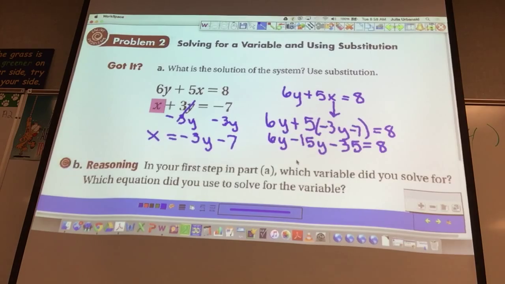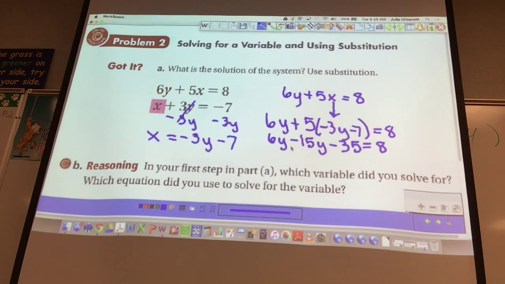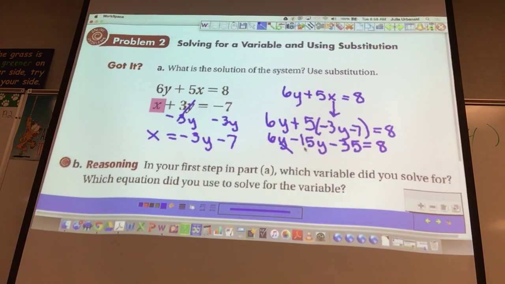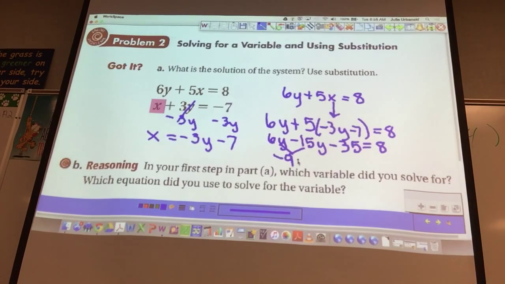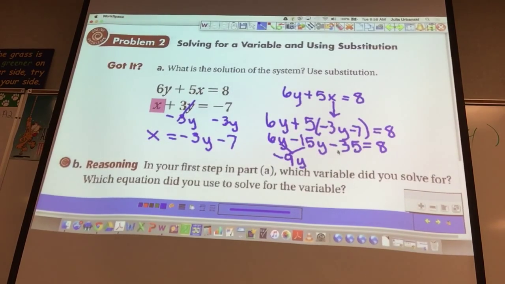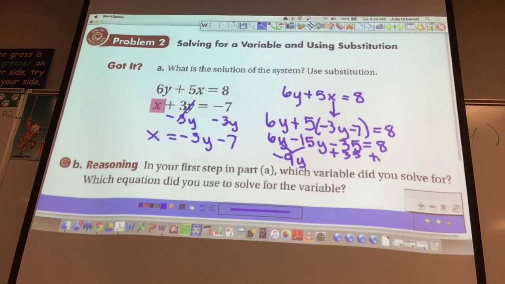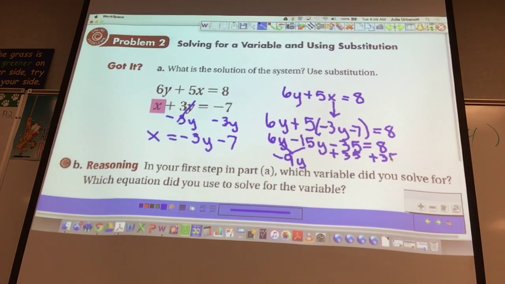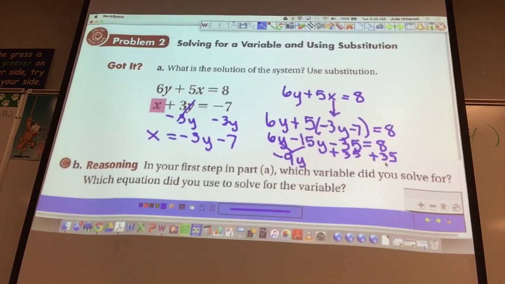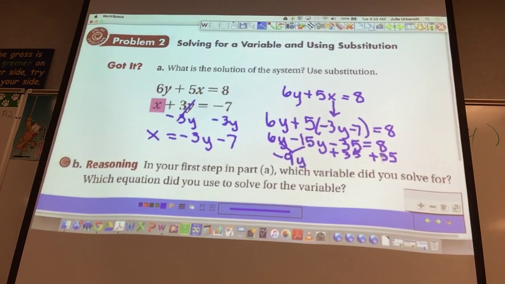6y and negative 15y, you know what that makes? Negative 9y, good. And then at the same time, we can add 35 to both sides, plus 35. 43?